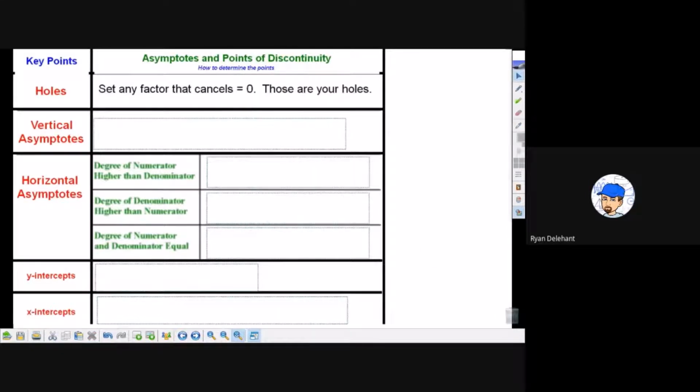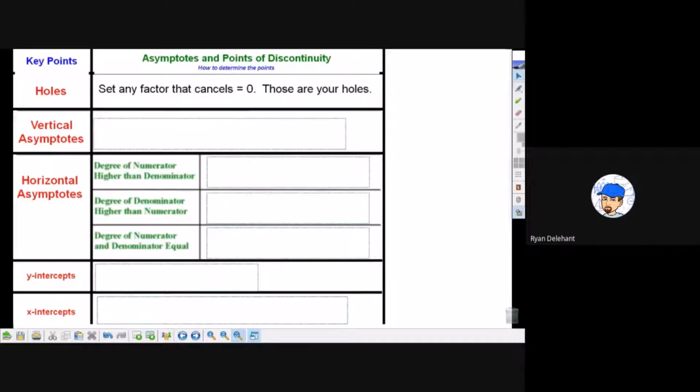Now, when we deal with holes, this says to set any factor that cancels equal to 0. Those are your holes, which word-wise doesn't mean a lot until we actually do this. I'm going to attack this a little better when we get into an actual problem where we see this happen. But whenever you have a fraction, what do you have to do first to all your fractions? Let's do it with just numbers.